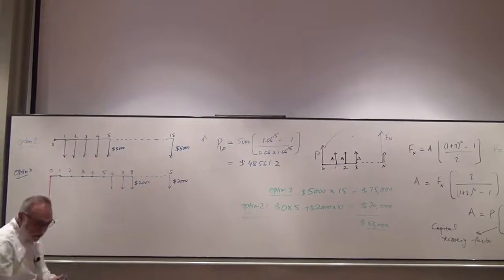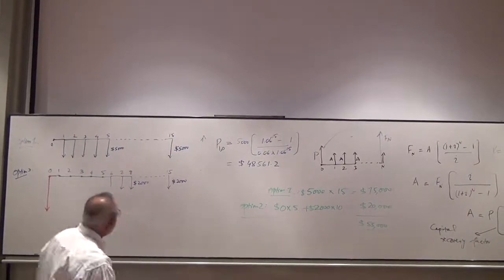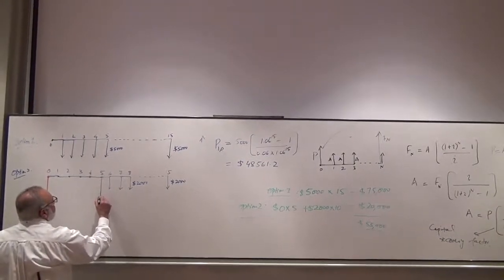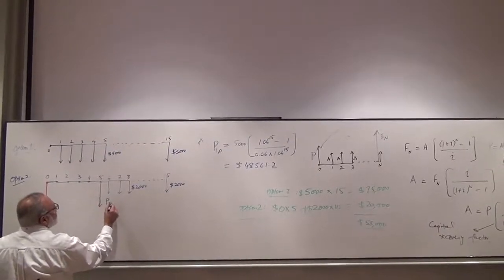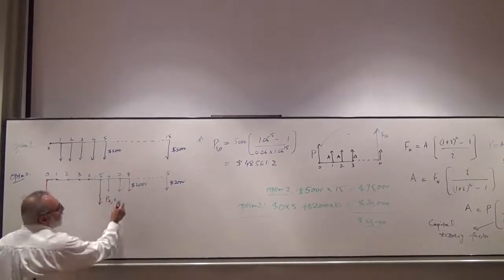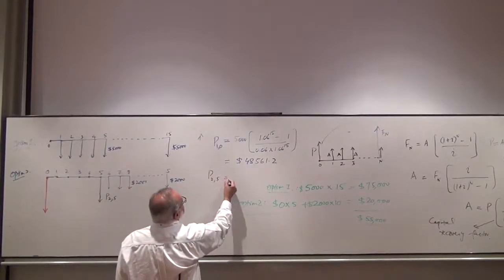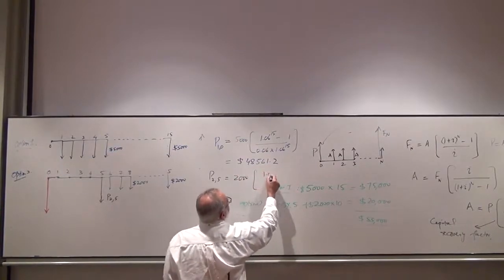So first find out this amount. Okay, so first I found out this amount using the same formula, and let's call this P25. Find out this P25. P25 is equal to $2,000, 1.06.